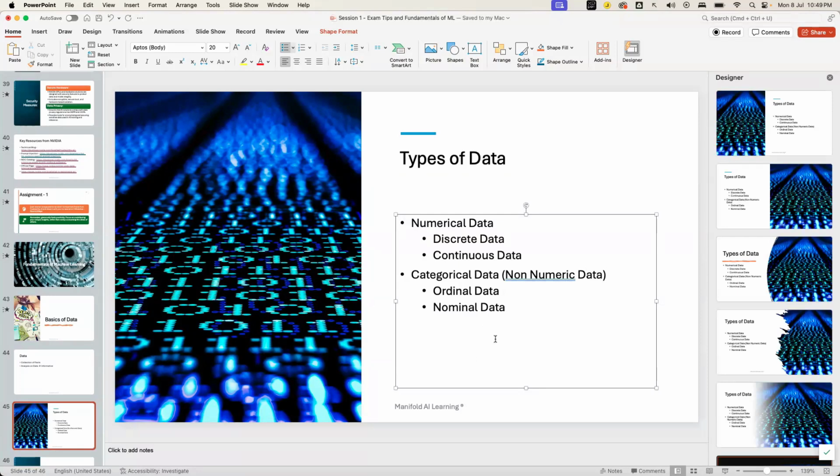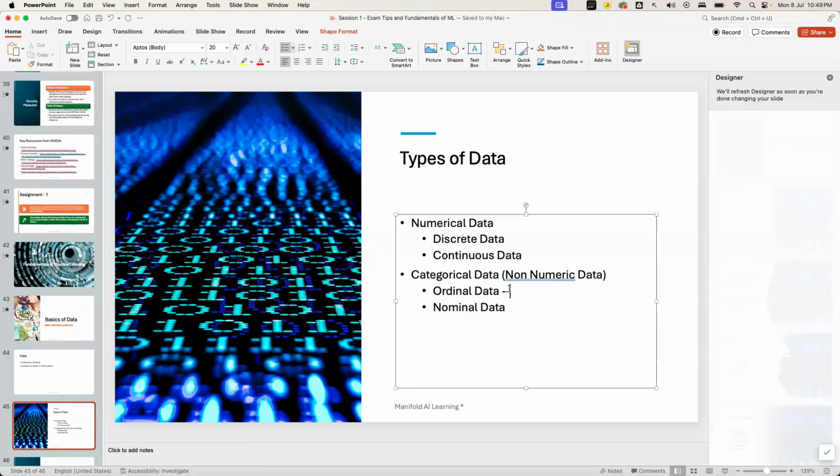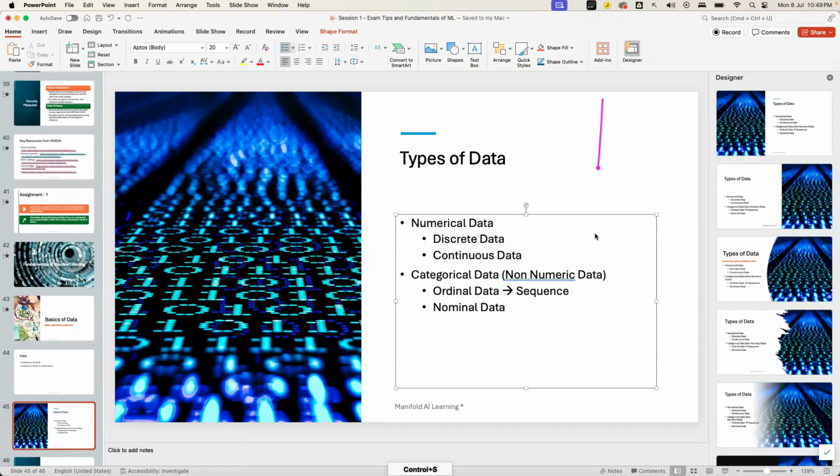Now, under this categorical data, we have ordinal and nominal. So what is ordinal data? It's a type of data that follows a sequence or an order. Let me give you a very simple illustration. Let's say I've got a column in my data set which describes the review.